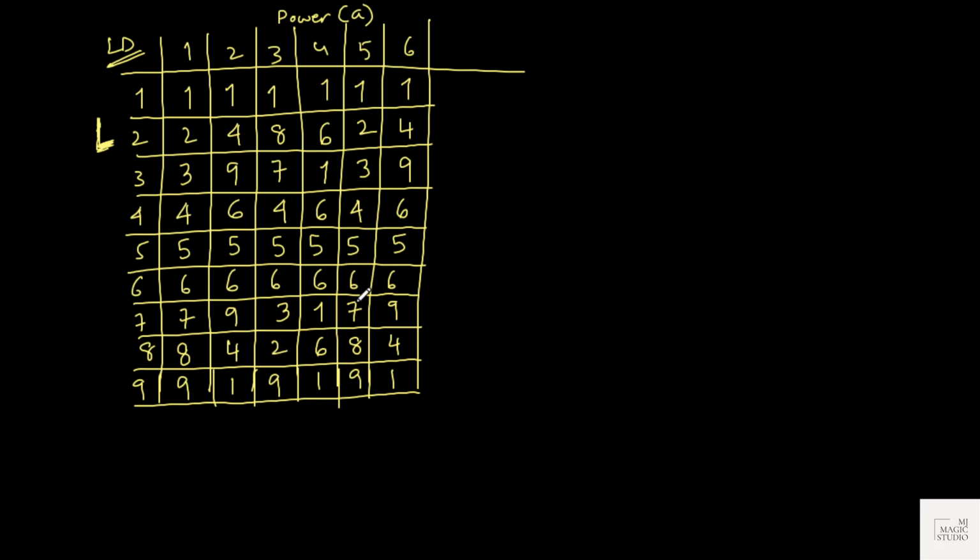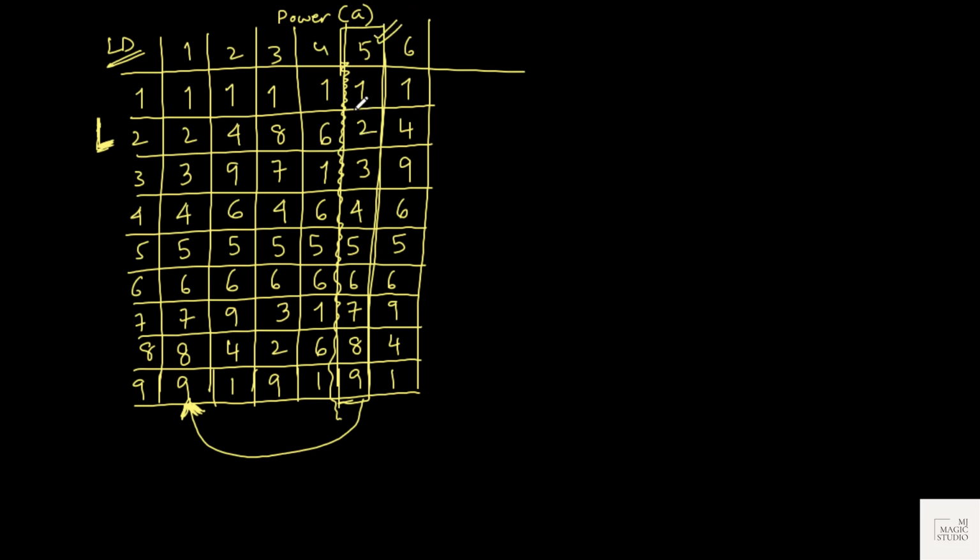If we look at it carefully, we can see that after every 4 powers, the column for the fifth power is the same as the column for the first power. 1, 2, 3, 4, 5, 6, 7, 8, 9. Here also 1, 2, 3, 4, 5, 6, 7, 8, 9.